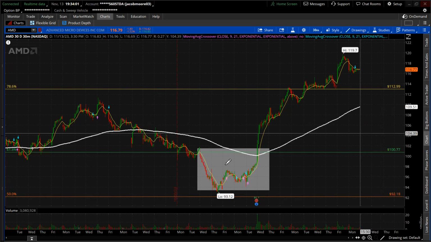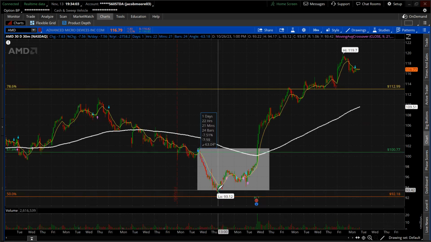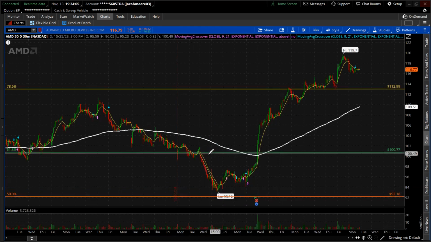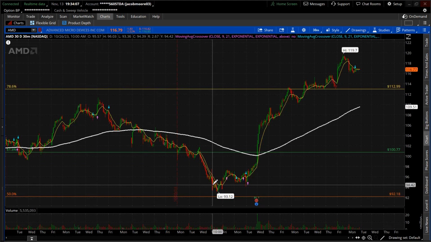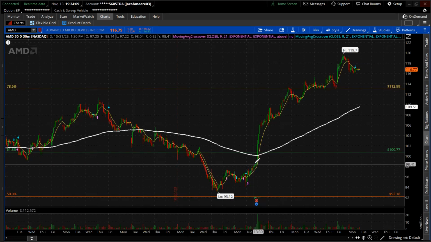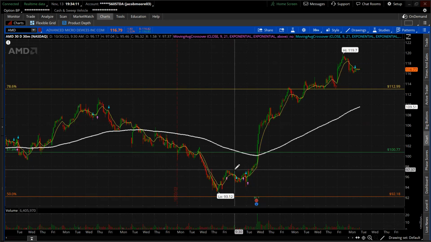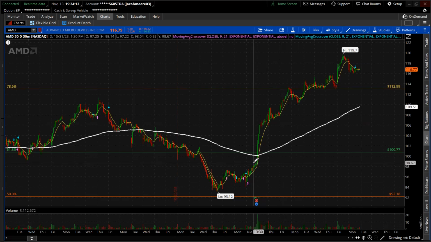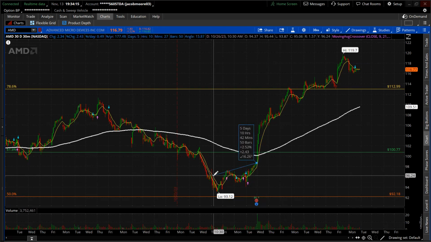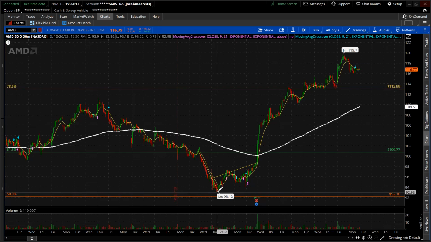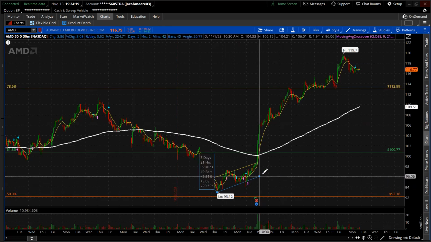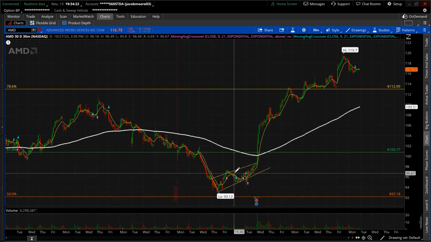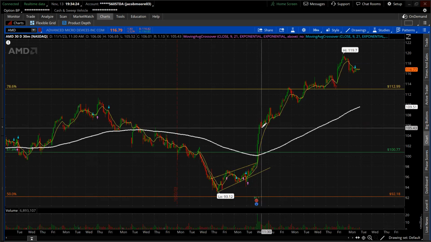Technically, this is a bear flag, what we're seeing right here, because that's the bear pull. So this is the bear pull, and then we have the flag. But what happened? It broke to the top side.